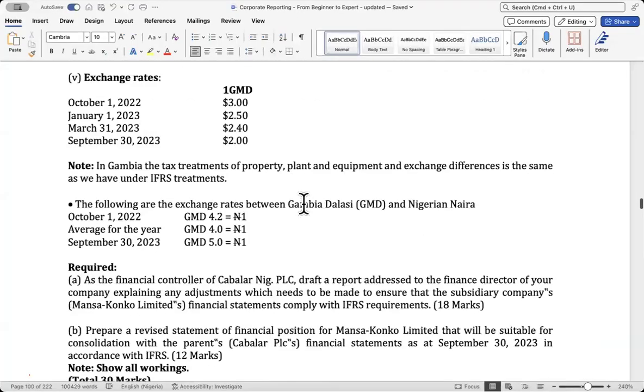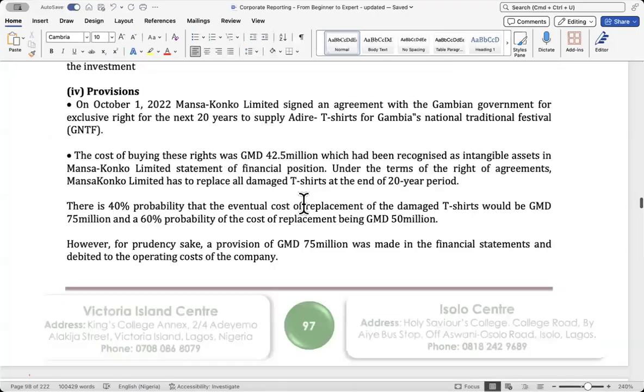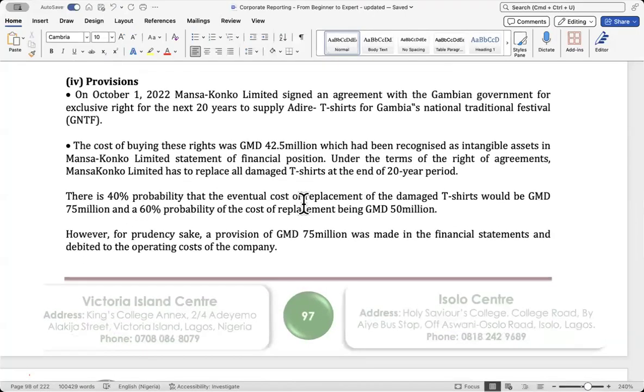Finally, provisions. On October 1st, 2022, which is the beginning of the year, Mansa signed an agreement with the Gambian government for exclusive rights for the next 20 years to supply the red t-shirts for the Gambia National Traditional Festival.